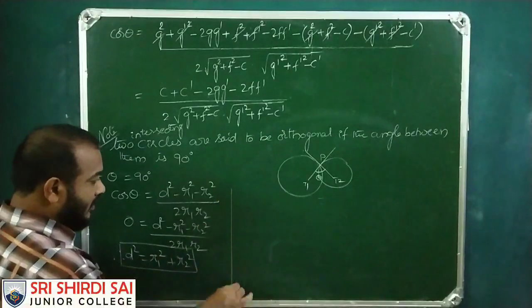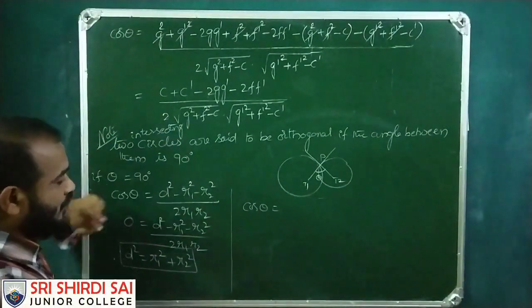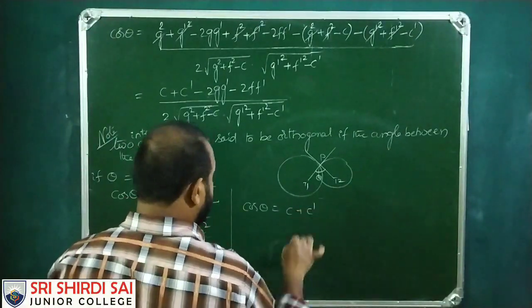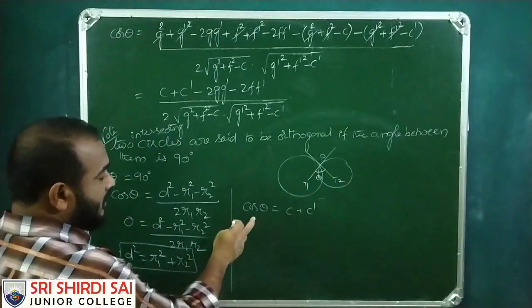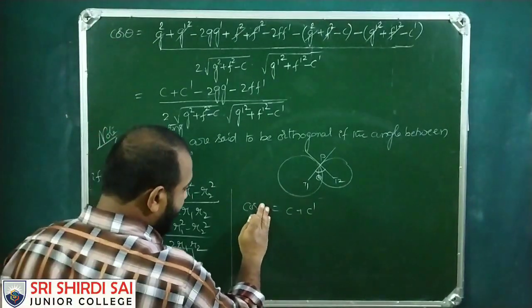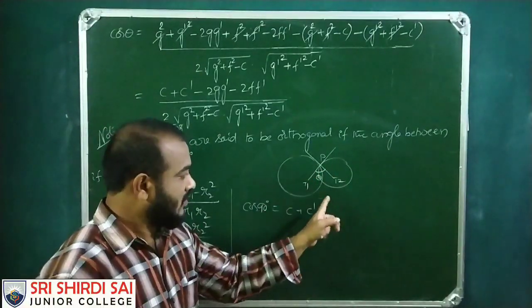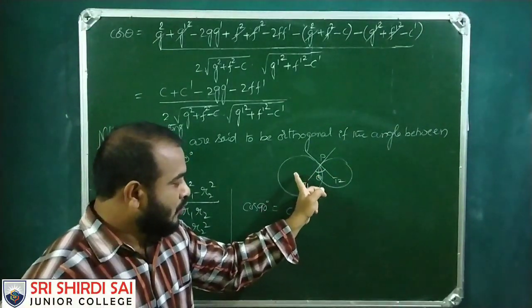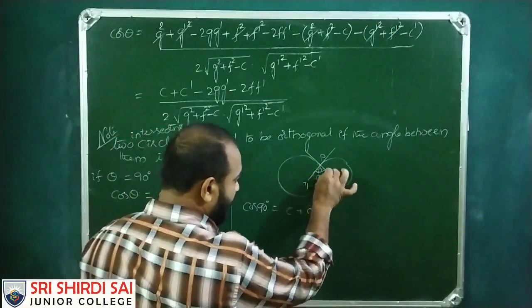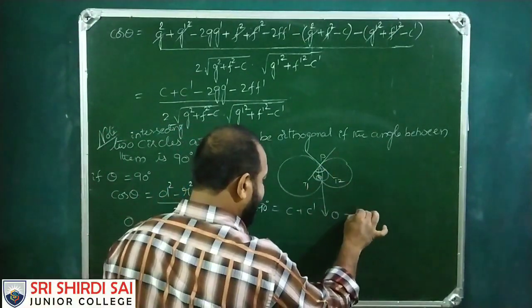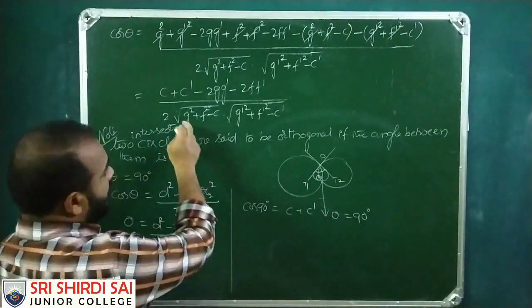Similarly, cos theta is equal to what I have obtained right now: c plus c dash minus 2gg dash minus 2ff dash by the denominator. Since two circles are said to be orthogonal if the angle between them, this theta, should be 90 degrees, I am simply substituting in this formula.